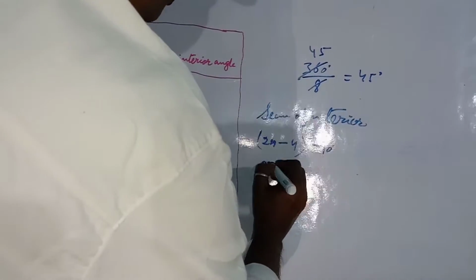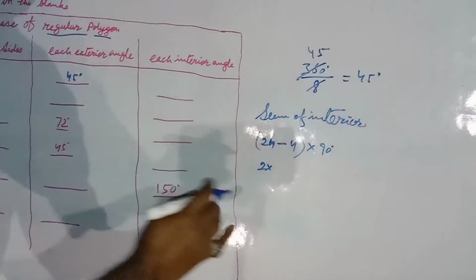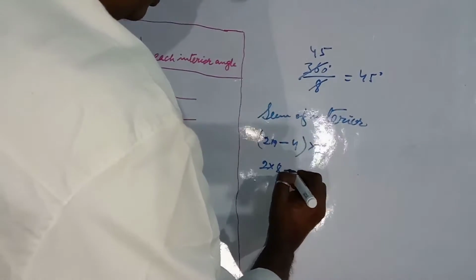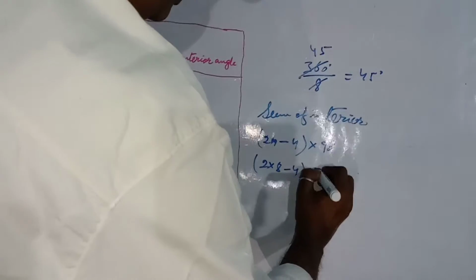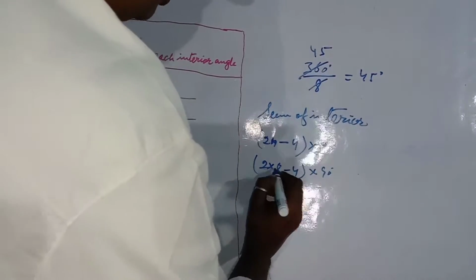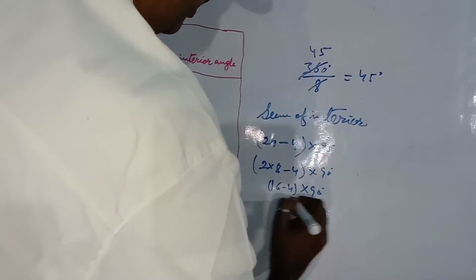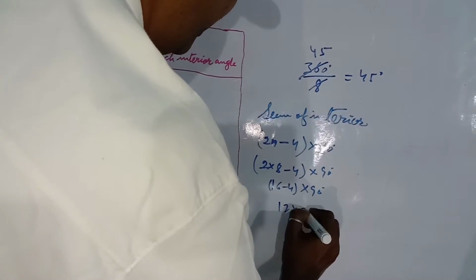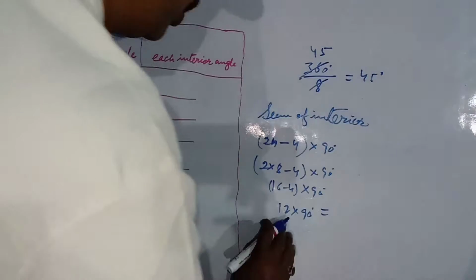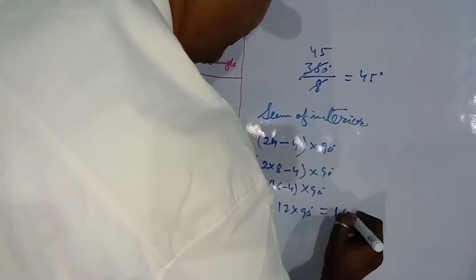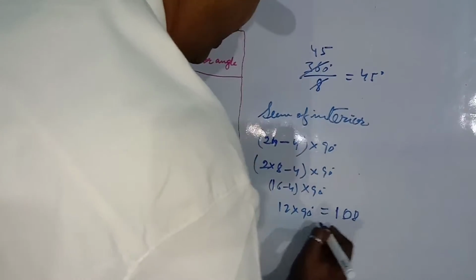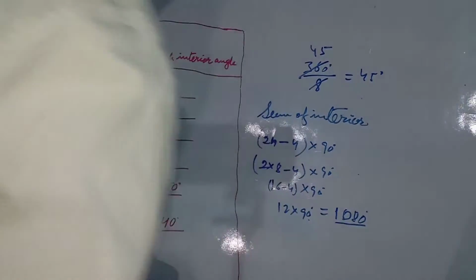Here n is 8, so 2 into 8 is 16, minus 4, into 90 degrees. 12 into 90 is 1080 degrees.